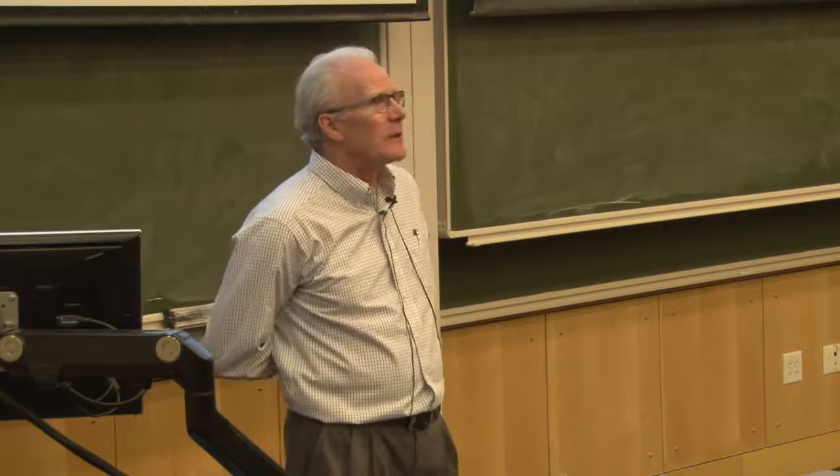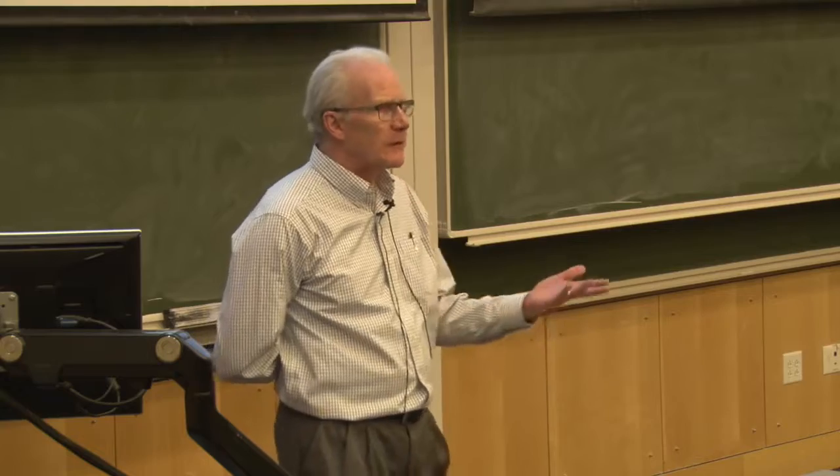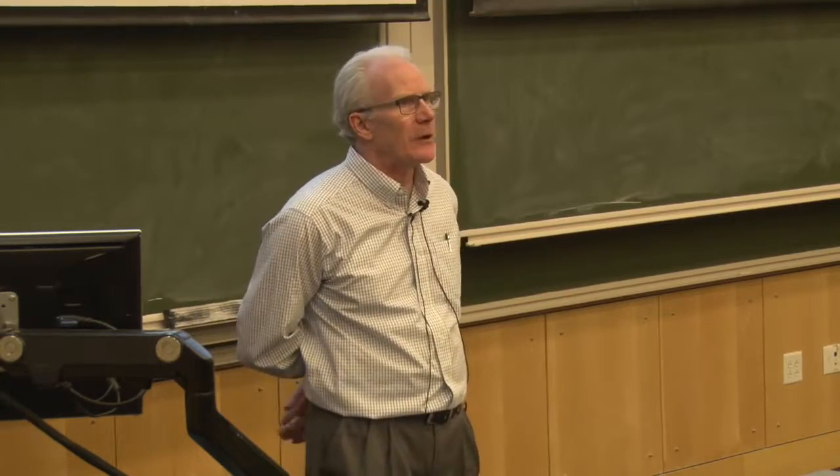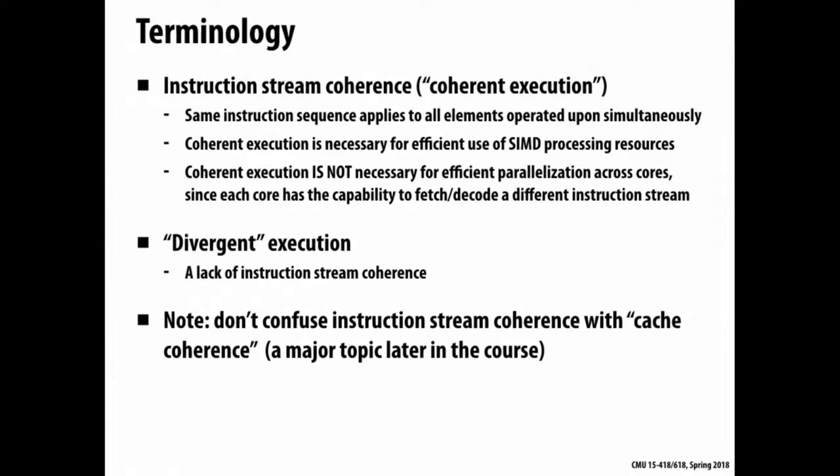So the term they use in the SIMD world, and we're going to see a lot of this because this is one of the main parts of GPUs as well, is what they call coherence. That term coherent comes up also when you talk about caches later in the term, but has absolutely nothing to do with it.